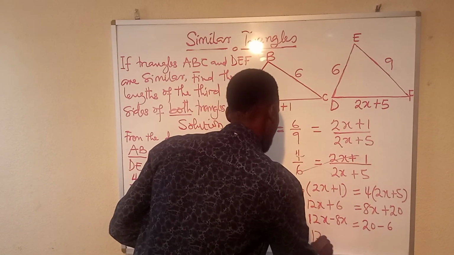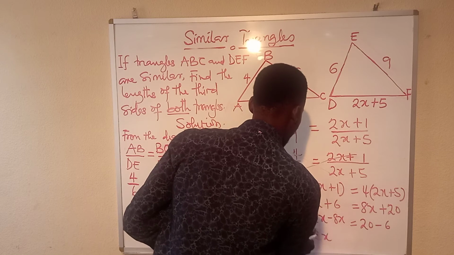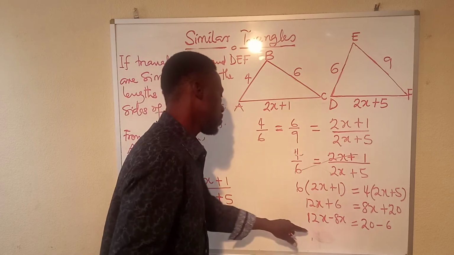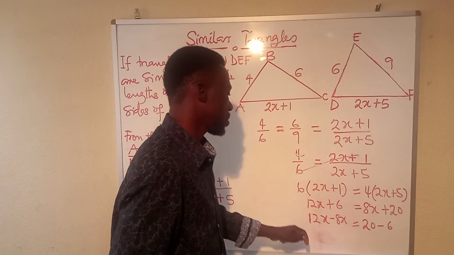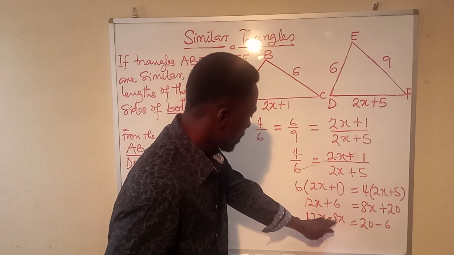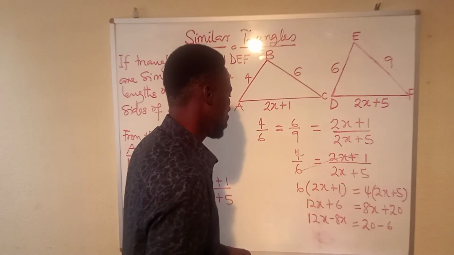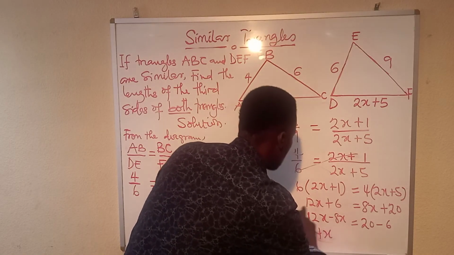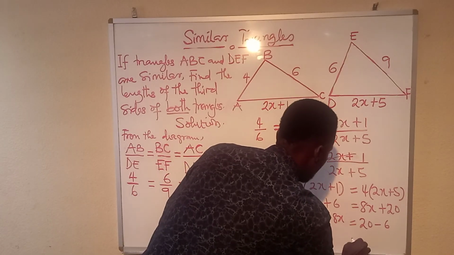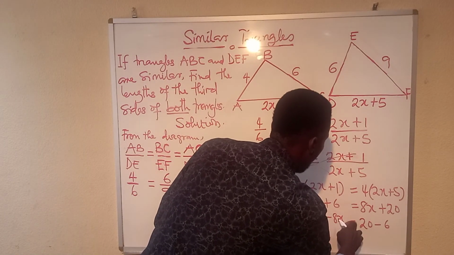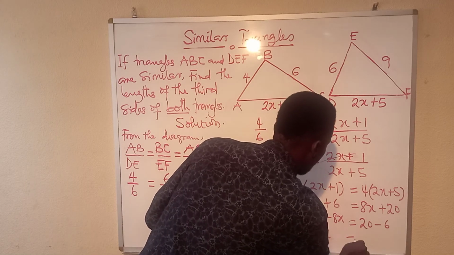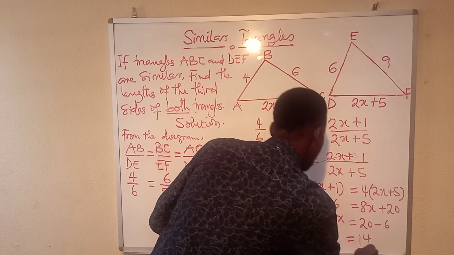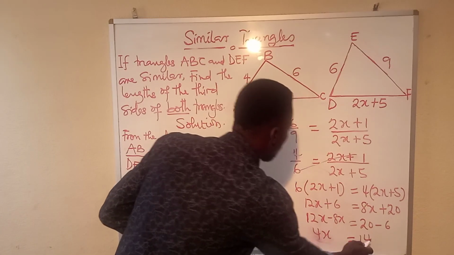So 12x minus 8x gives us 4x, equal to 20 minus 6, and that gives us 14. So we shall have 4x equal to 14.